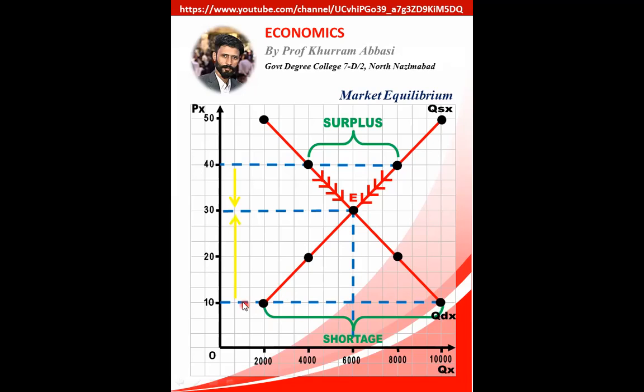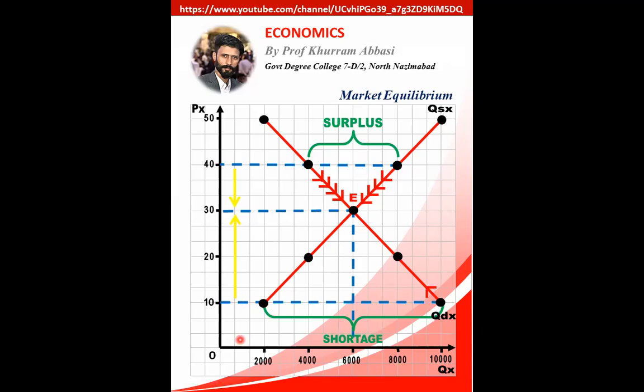So to overcome this shortage, producer will increase the price because producer must have realized the demand of the good is much more than supply. The producer would enjoy this situation and would increase the price from 10 to 30.